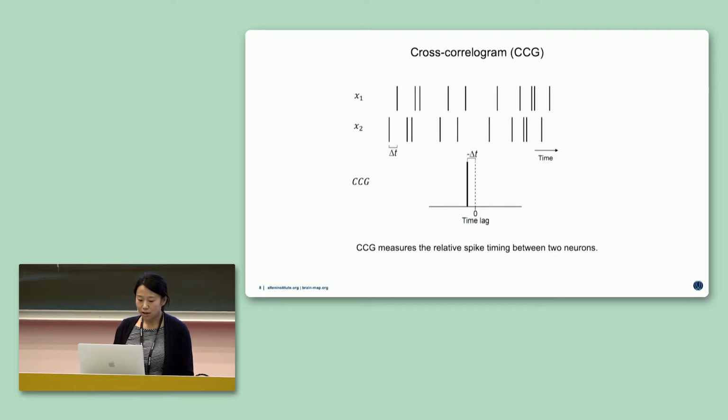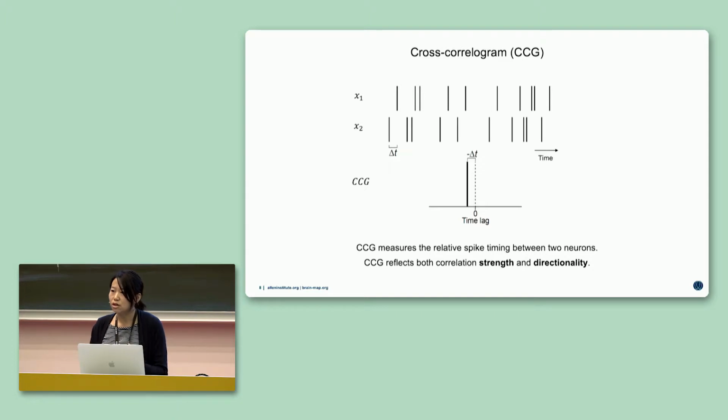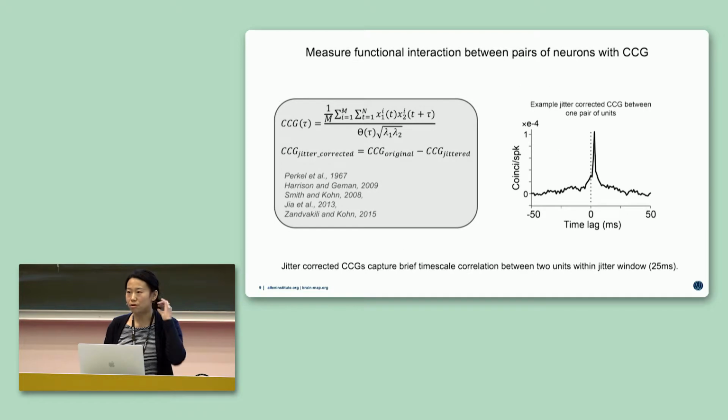And if they are consistently earlier than the source, you will have a peak at a negative time lag. So basically, CCG measures the relative timing between 2 spike trains. It reflects not only the strength of connection, but also the directionality of connection. That's why we use this metric.